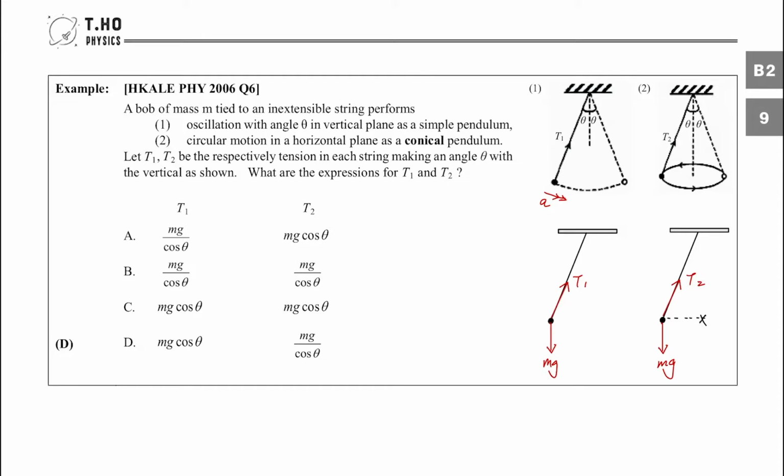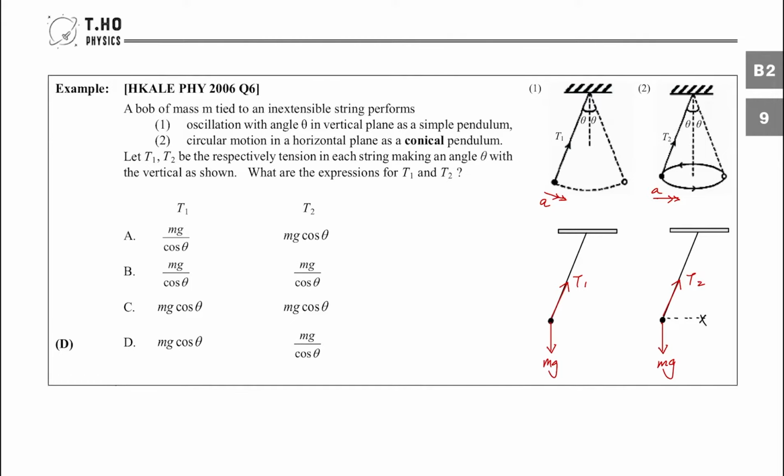However, in the second situation, because the bob just goes along a horizontal circle, at this moment the bob will go to the right hand side. So the acceleration is horizontally moving to the right hand side.